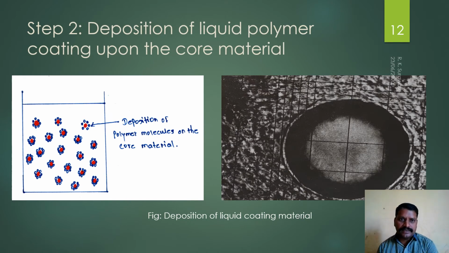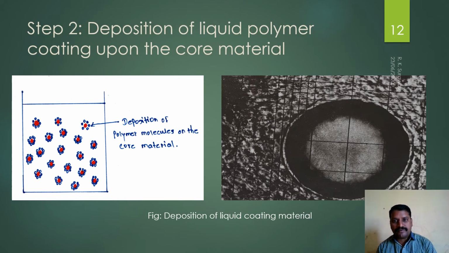The second stage, deposition of a liquid polymer coating upon the core material, deposition of coating material around the core material. Okay, now by applying the temperature change, see the example of coacervation.